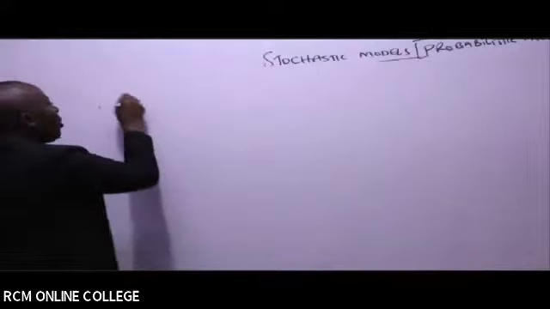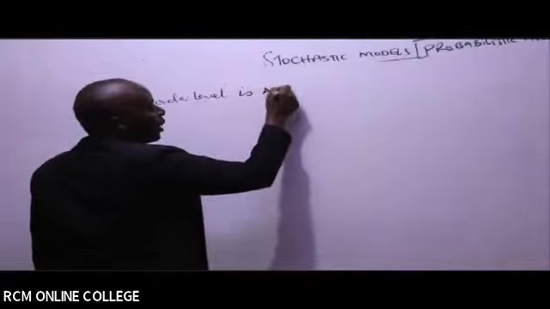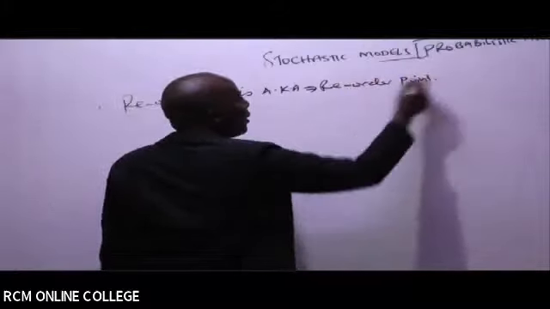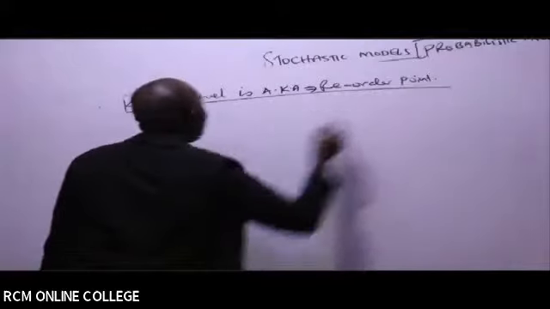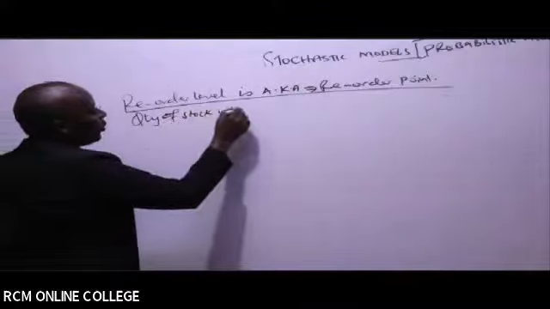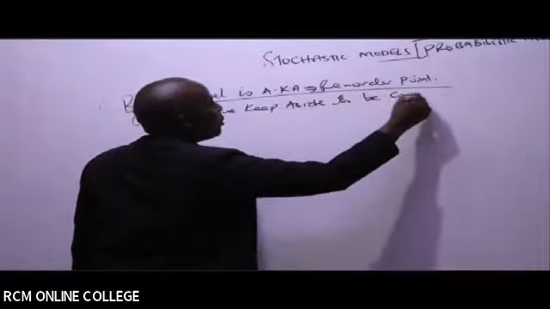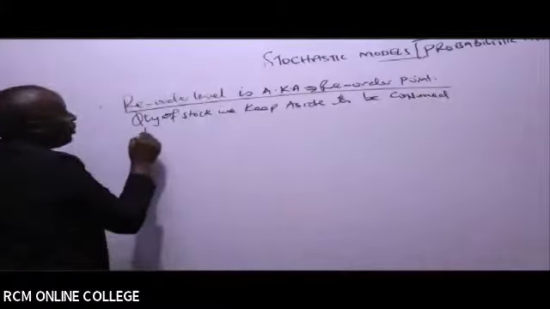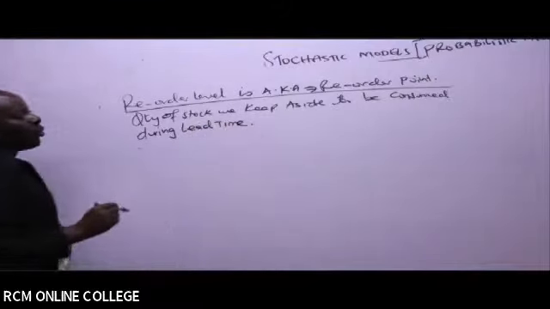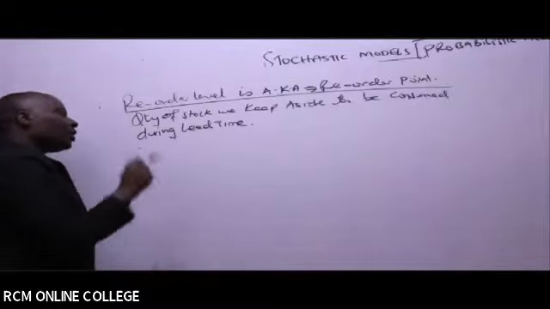Whenever we talk about reorder level, also known as reorder point, basically this is the quantity of stock that we keep aside to be consumed during lead time.